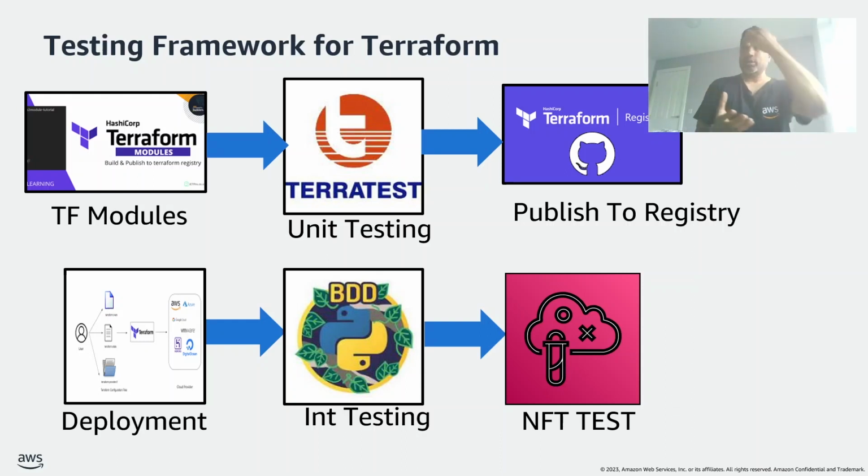Those modules are your code or HCL configs, and it could be for anything. Those modules can then be hardened using some kind of unit testing. I mentioned Terratest here; we'll look at a couple of options later. This hardening will give us good confidence about code coverage and that the code can stand up and deliver when it's called for.